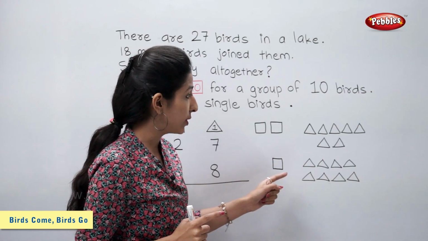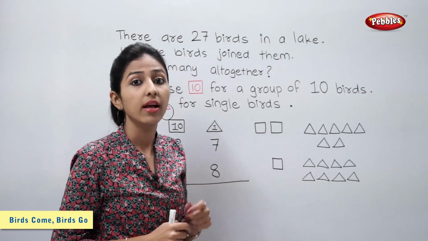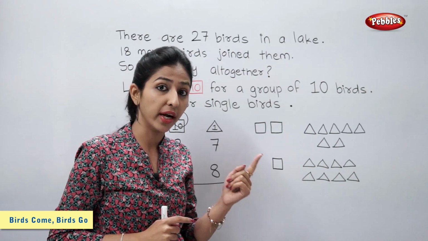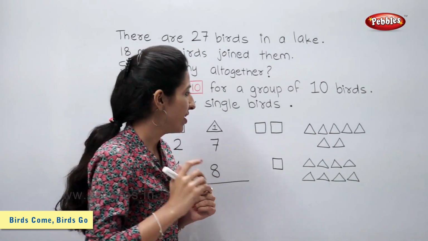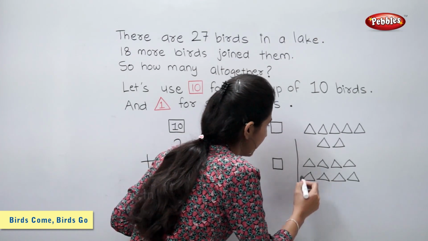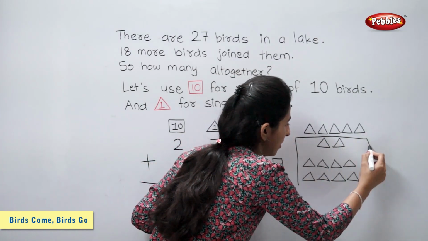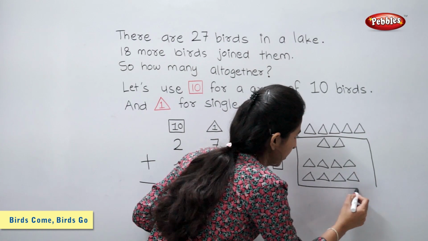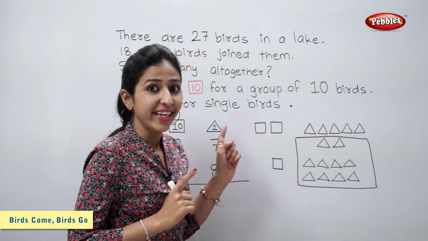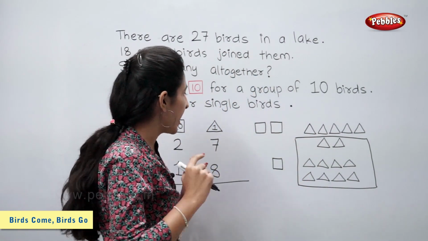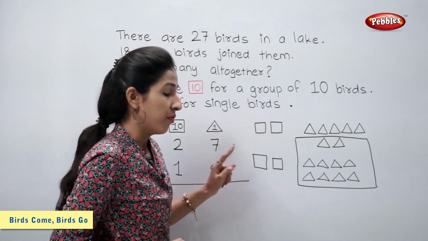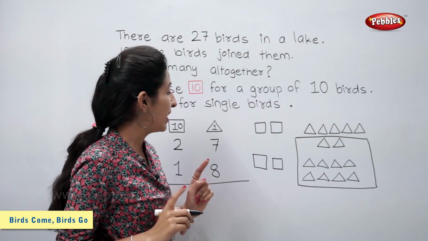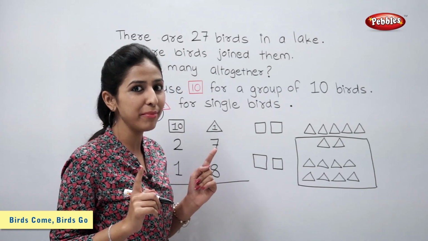Students, there are total 15 triangles. Now 15 means 1 tens and 5 ones. So, using these 10 triangles, I will make one more square. Now this means one more group of 10 birds.